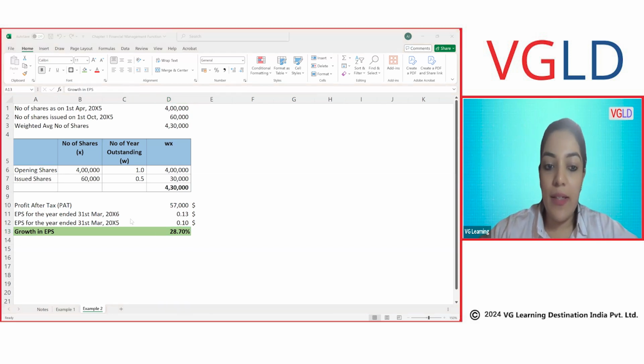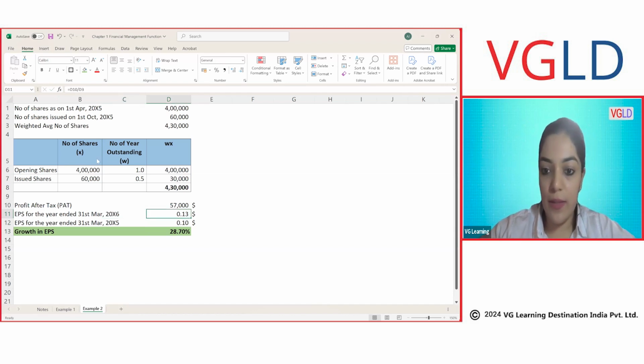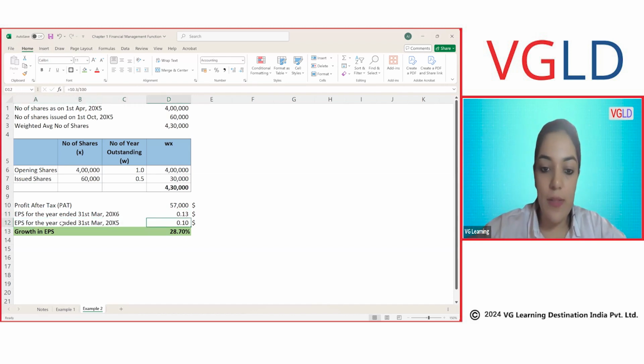Yeah, previous year end EPS is 10.3. And EPS for the year will be 0.13. Okay, that was for the previous year. See, I've written it here. EPS for the previous year was 0.103 and now it is 0.13.